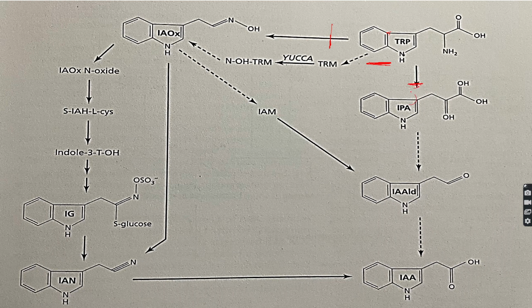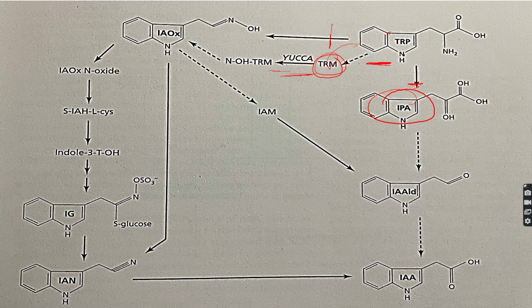One is IPA, another is tryptamine, that is TRM. It is written as TRM here. So IPA is the one pathway and another pathway is TRM.